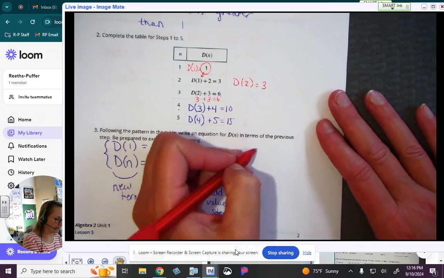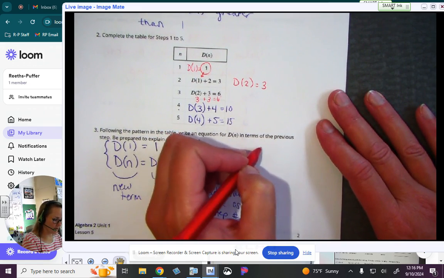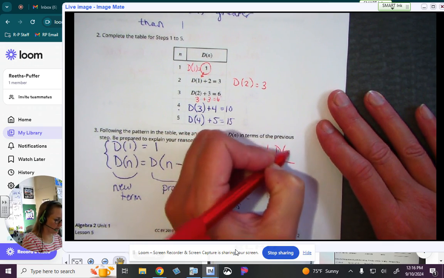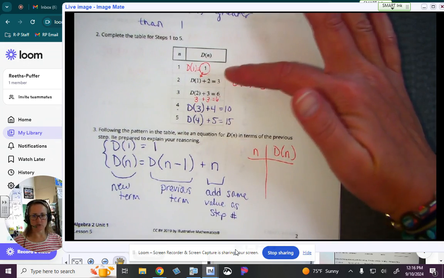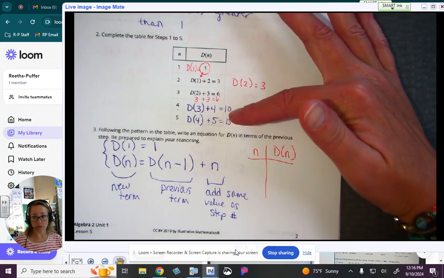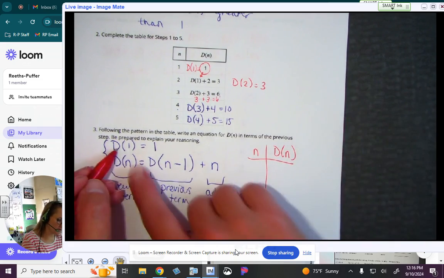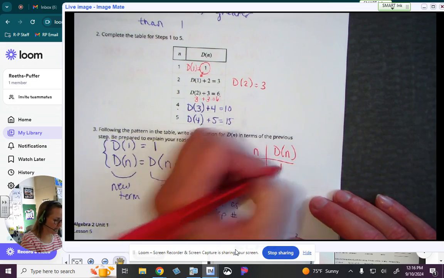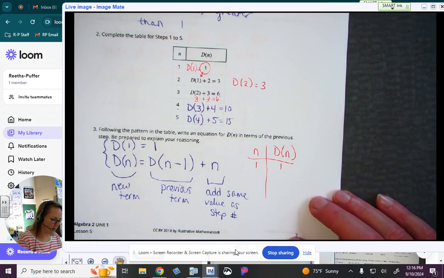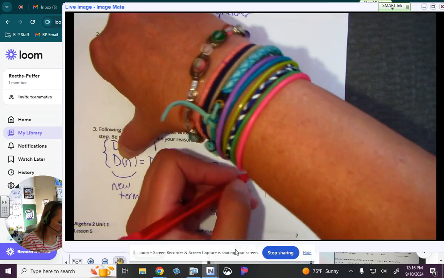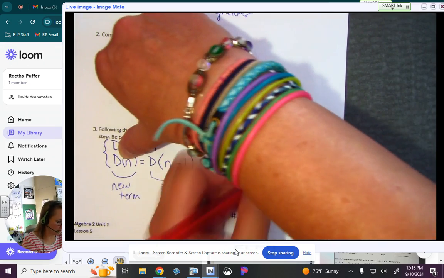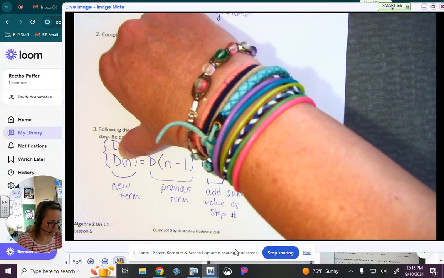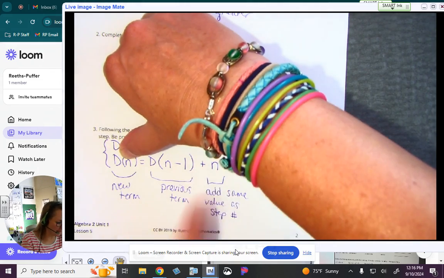Okay. So it's telling us that n is our input and d of n is our dots. I just want to double check and see if it matches up to the numbers that we were getting before, just to make sure. So d of 1, I know equals 1. When n is 2, it is taking d of 2 minus 1 in parentheses, and it's adding n to it.